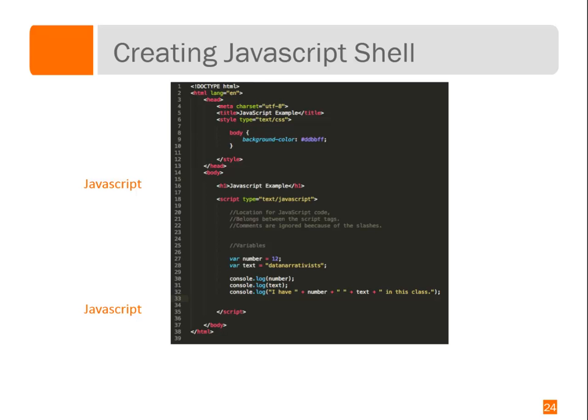So starting with on the left-hand side there in orange, it says JavaScript. You can see to the right, we're in the body. We've defined header line. This is a JavaScript example. And then the script type, we've defined as text JavaScript. So underneath there, we've highlighted that this is the location for JavaScript code.